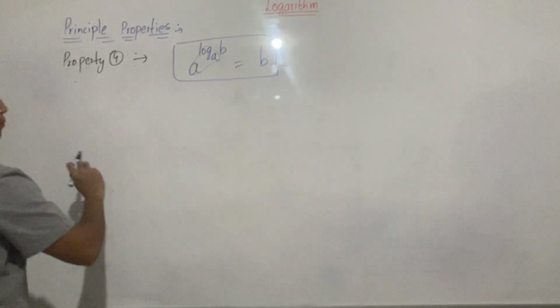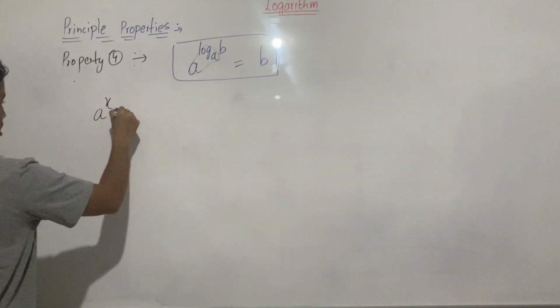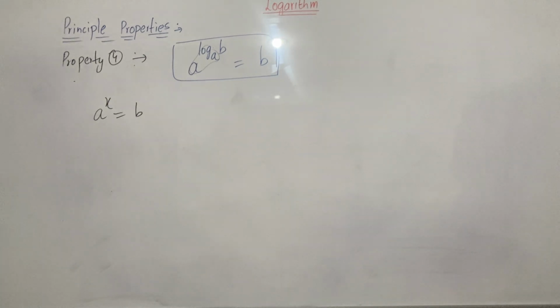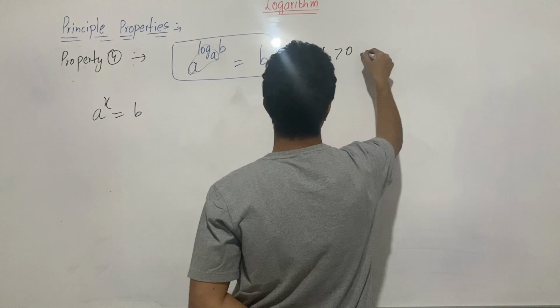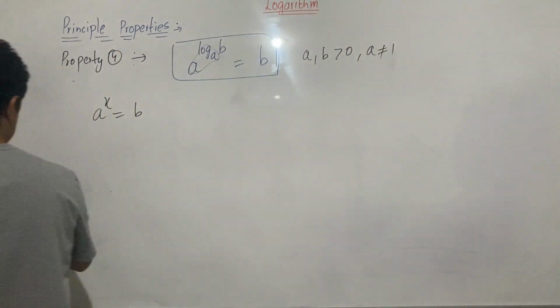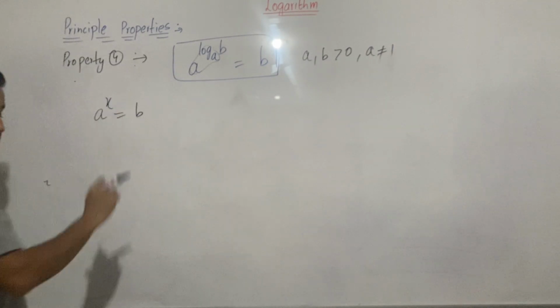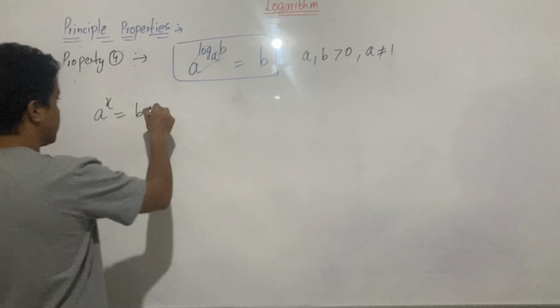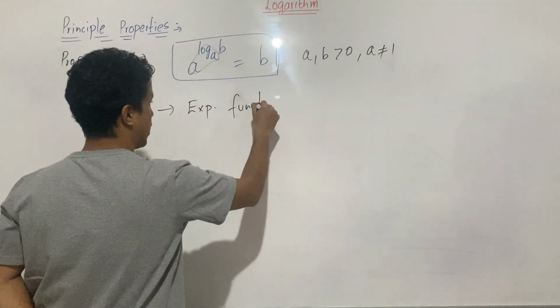So here, when we define log, we said a^x equals b, right? And here a, b must be greater than 0, and a should not be equal to 1. Okay, so here a^x equals b. This is an exponential function, right?